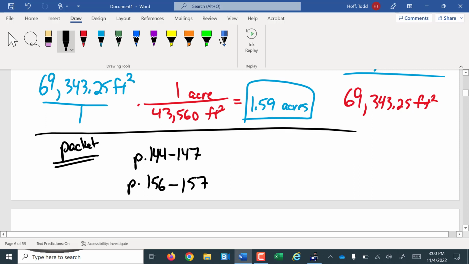Yeah, 144 through 147, there's gray boxes with problems in them. And then 156 through 157, there's another set of gray boxes. What pages? That works.